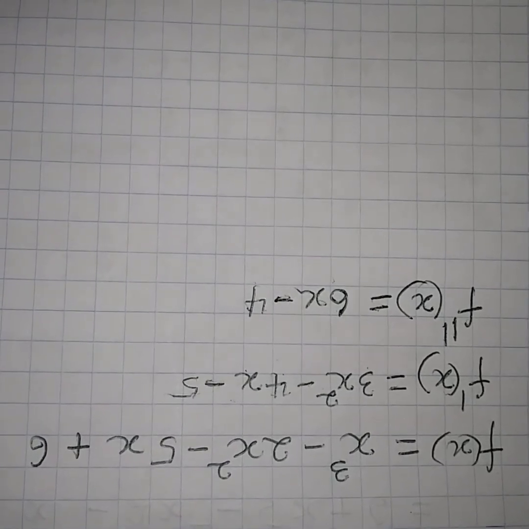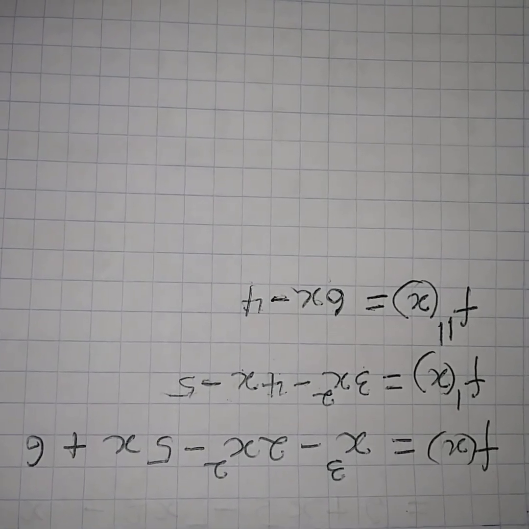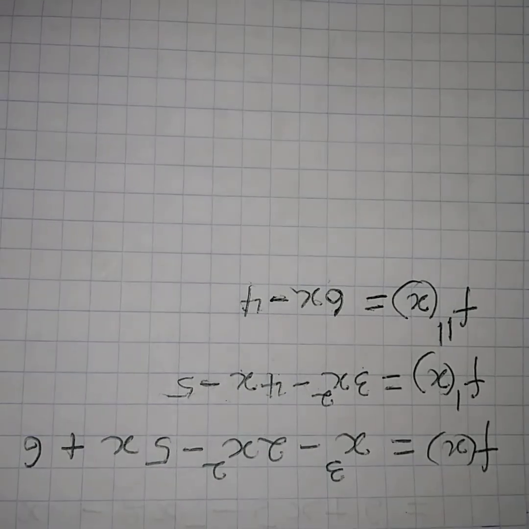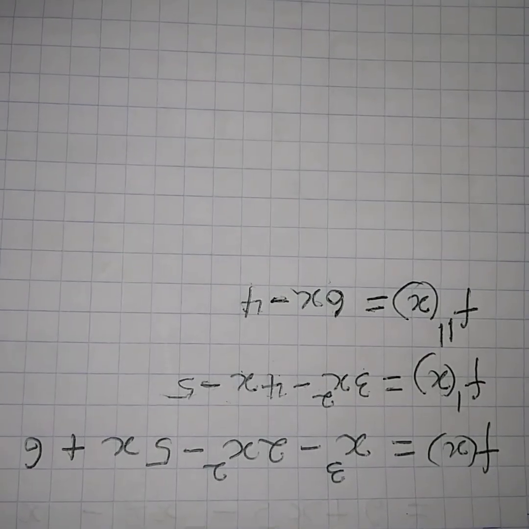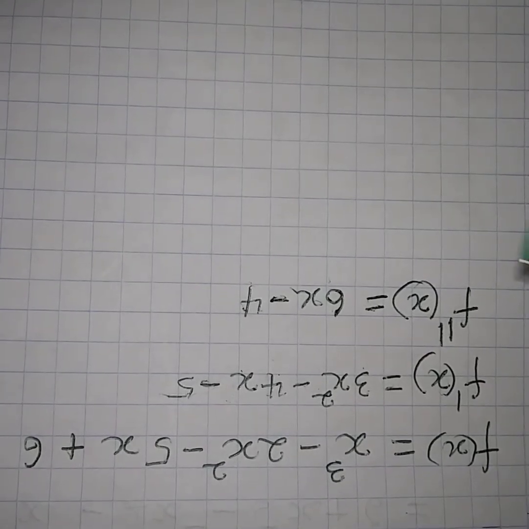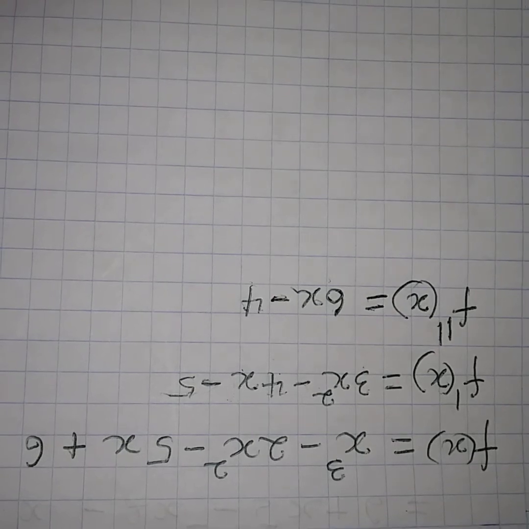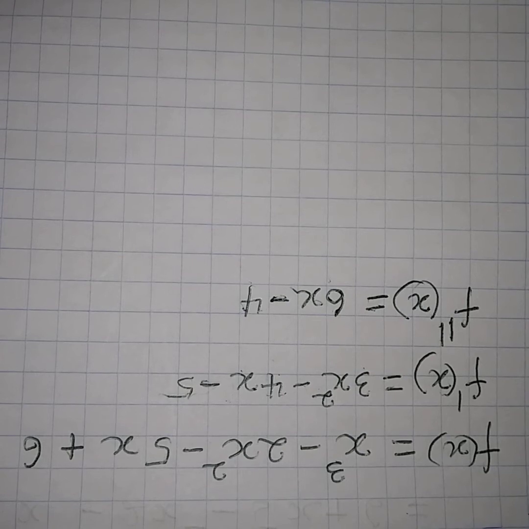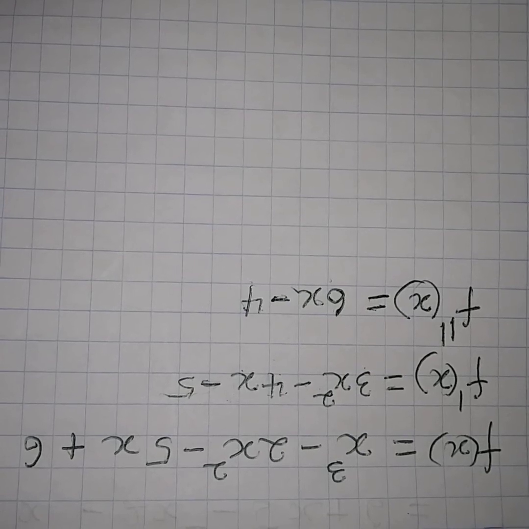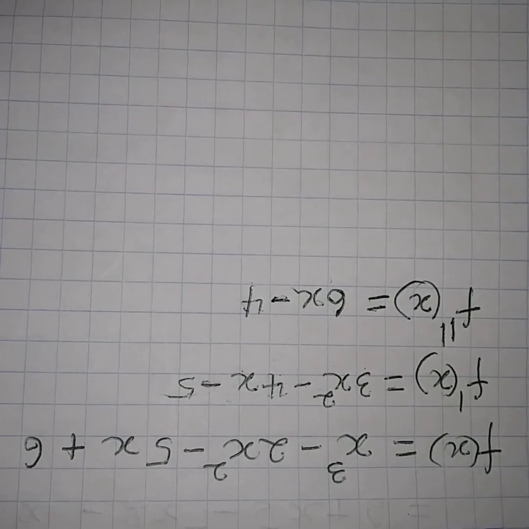Now, why are we trying to look at the first and second derivatives of a function? They are very important because when you are dealing with a cubic graph, you will need to consider the turning point. You also need to consider the point of inflection. We will talk more about that in the next lesson.